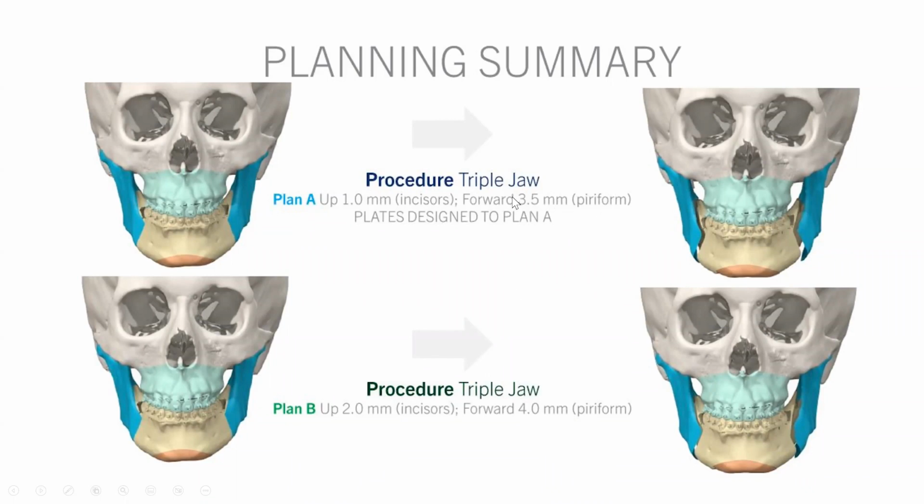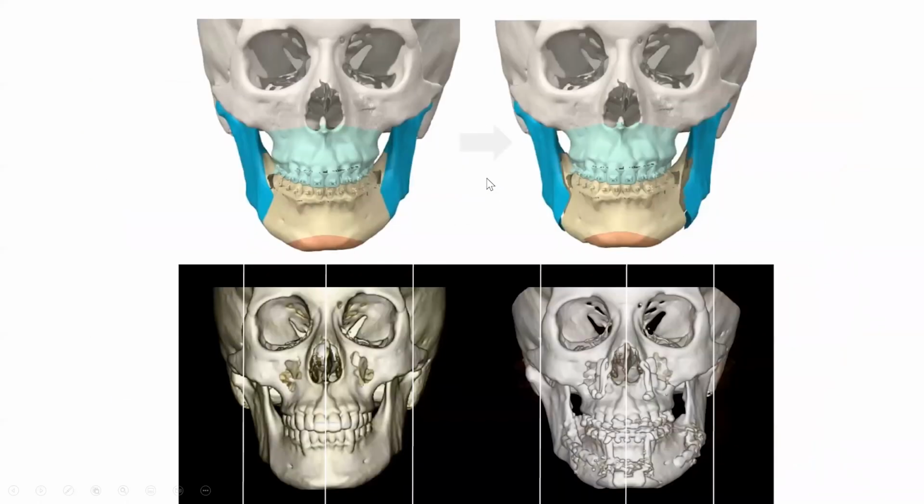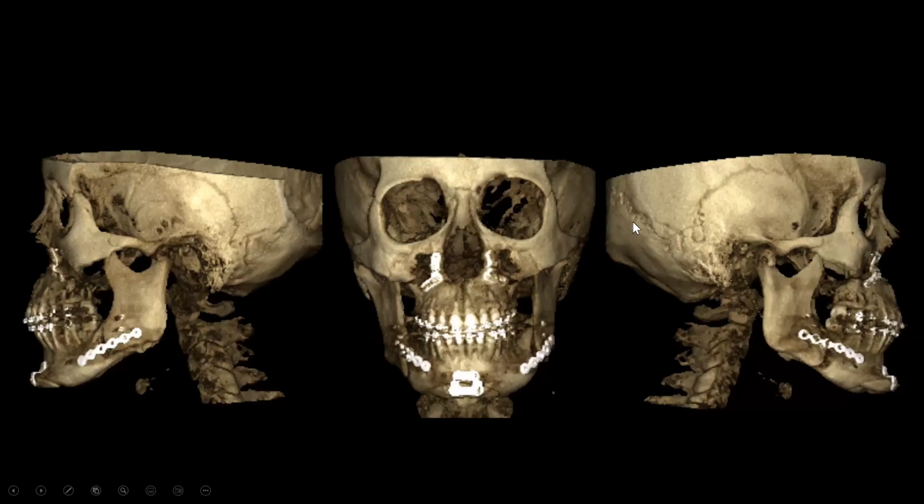And what's going to make you change your mind to do just 1 more millimeter advancement or less than 1 more millimeter advancement? Not really. So plan A or plan 1 was done. So you can see the resulting facial asymmetry. This was not designed, right? That's the result of the surgery, not the VSP.